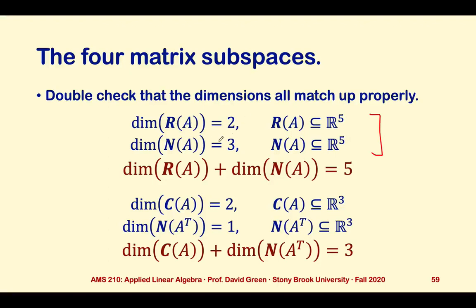The dimension of the row space plus the dimension of the null space, 2 plus 3 equals 5. The dimensions work out. The column space and the left null space both were subspaces of R3. 2 plus 1 equals 3. These dimensions match. If there's a mismatch, if the dimensions of the null space and the row space don't equal their parent space, or if the dimension of the column space and left null space don't match their parent space, we know that there's a mistake.